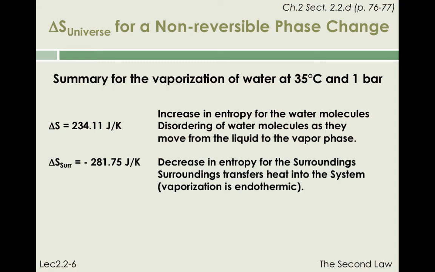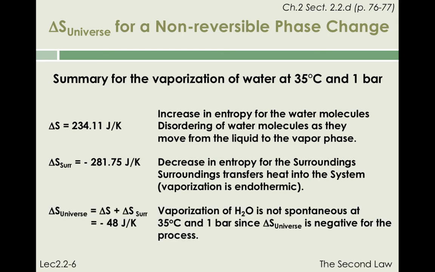We also calculated the change in entropy for the surroundings to be equal to minus 281.75 joules per Kelvin. This negative value indicates a decrease in entropy, or an ordering of the surroundings as they lose heat to the system. That is, of course, necessary for the vaporization, an endothermic process.